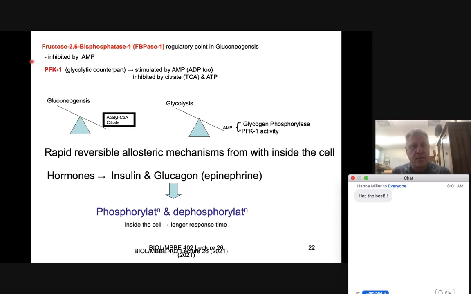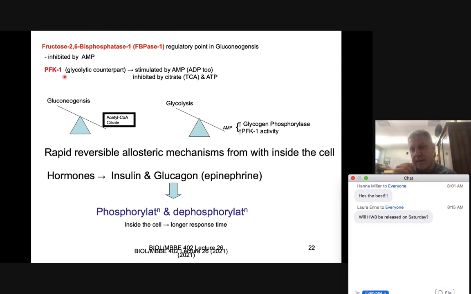So again, the glycolytic counterpart, the phosphofructokinase number 1, is going to be stimulated by that same indicator, meaning we've consumed ATP, we've made ADP and AMP, and they're going to be indicators to say, hey, we need now to make ATP because we have an abundance of AMP and ADP, and we're going to switch the enzyme on that's going to do that, which is the phosphofructokinase number 1.